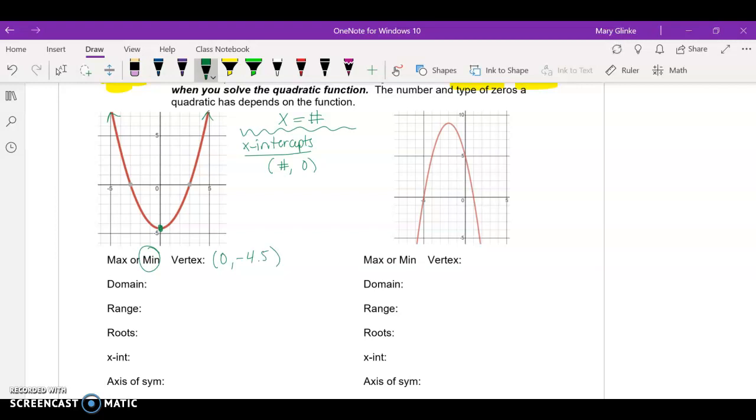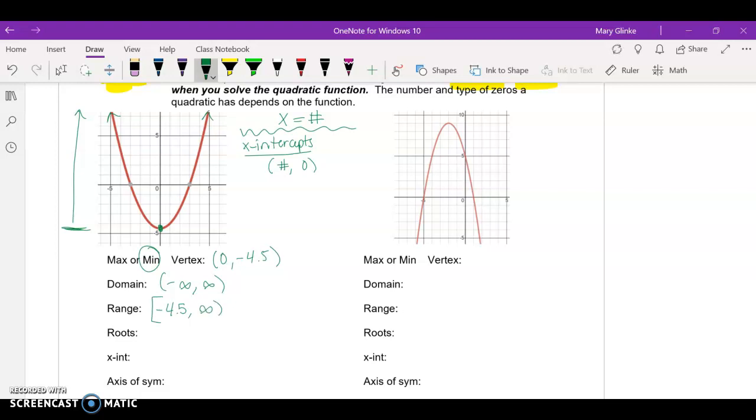Your domain for all quadratic functions is going to be the same because left and right, your graph goes forever. So it's negative infinity to positive infinity. Range goes from low to high. So our graph gets down to negative 4.5 and it actually touches it, so it's a bracket.